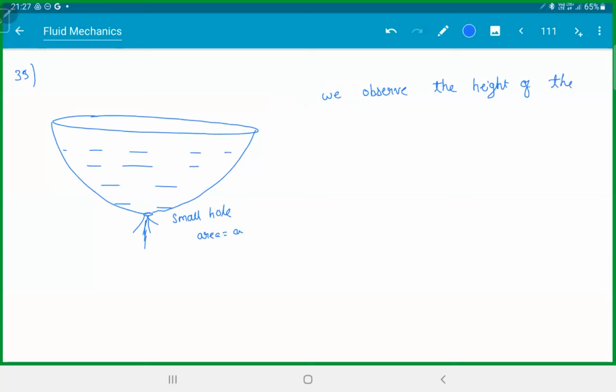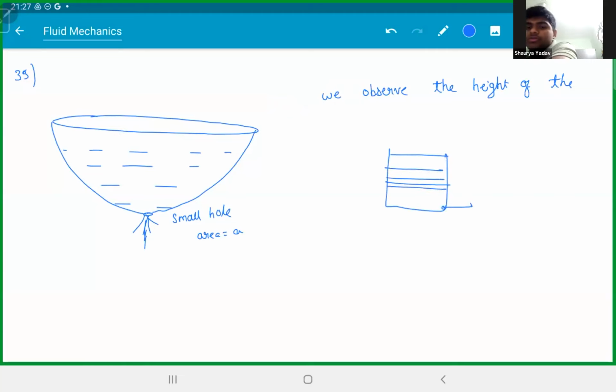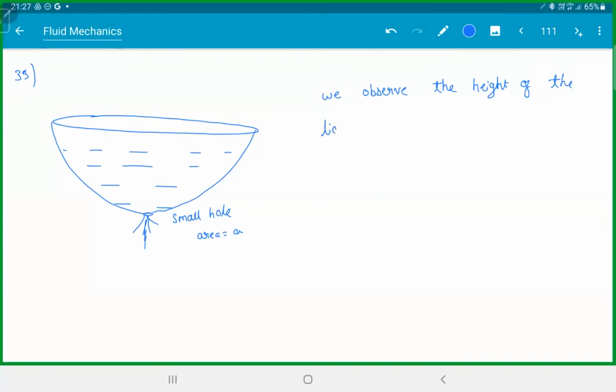Think about it. Normally, when you take a cylindrical tank and if you make a hole, initially water level will drop fast and then it will slowly decrease, no? Yes. So the height won't fall at a constant rate. The height of the liquid falls at a constant rate. Okay? So find the equation of this bowl.